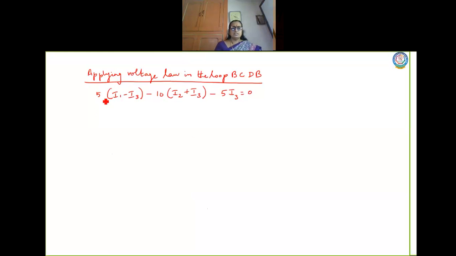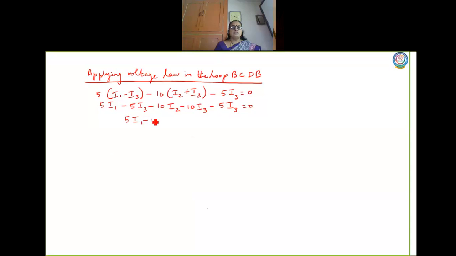Now simplification. Here it is 5I1 minus 5I3 minus 10I2, again minus 10I3 minus 5I3 equal to 0. Let us segregate all the terms, children. I1, I have only one term, so I will write this as 5I1.